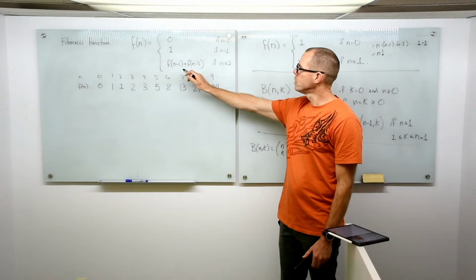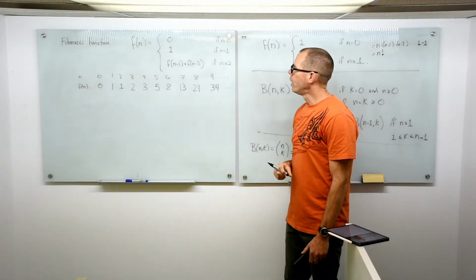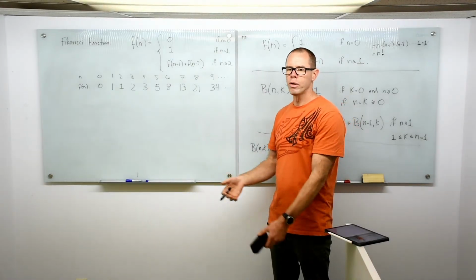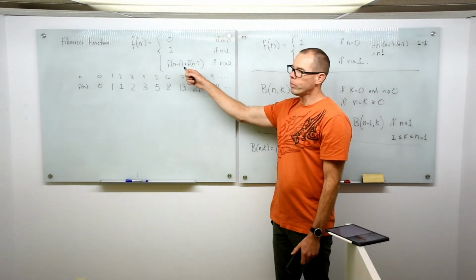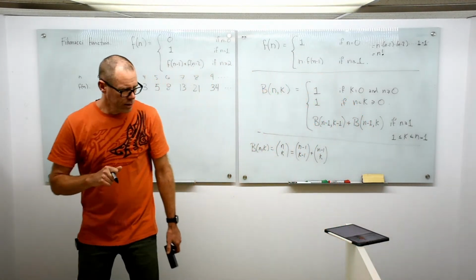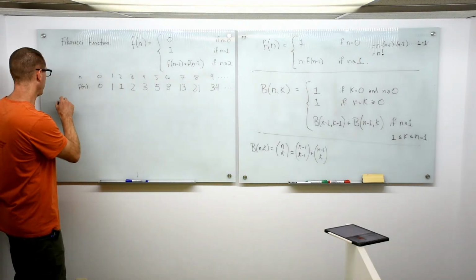Somehow this was supposed to be a model of how many rabbits you have at generation n in the mating of a bunch of rabbits. Okay. So here is the very cool thing.